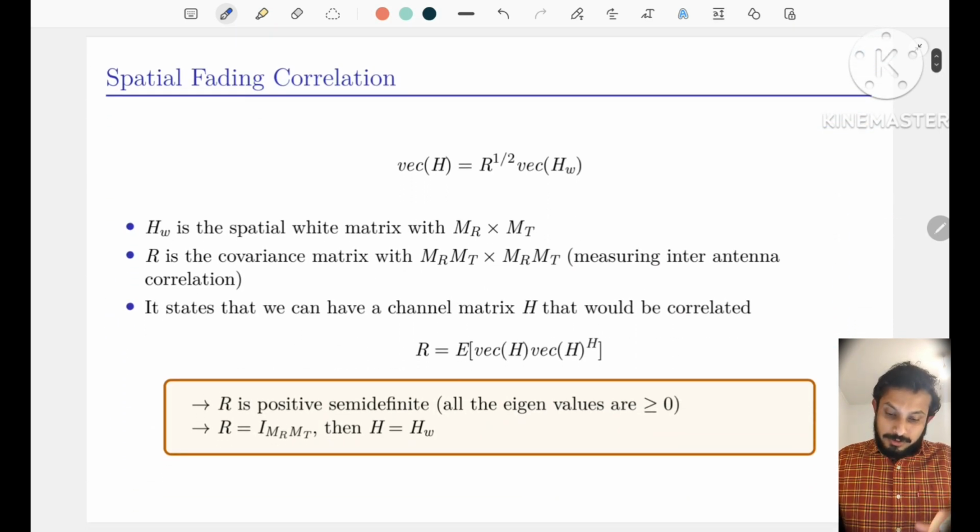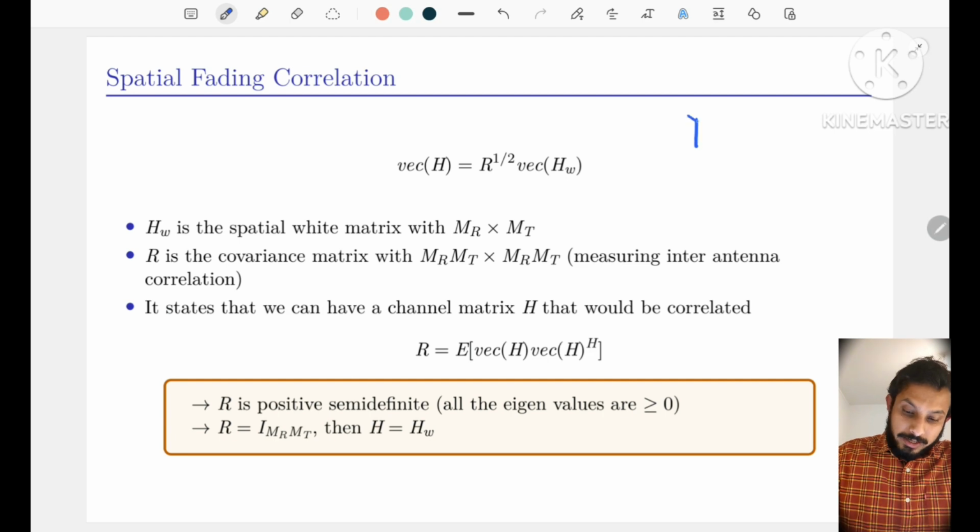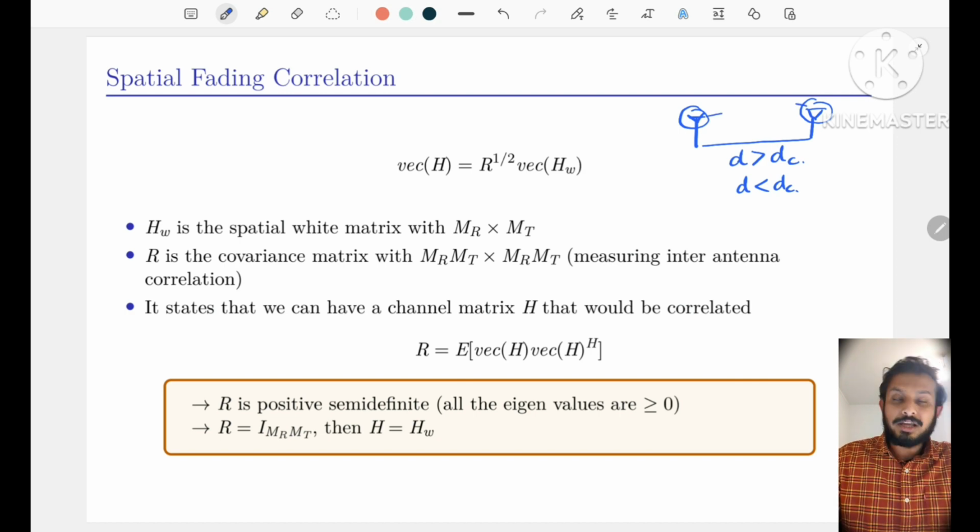Now we have also seen that if we have two antennas and the distance between the two antennas is greater than the coherence distance, then we say that these two antennas are uncorrelated. Whereas when the distance is less than the coherence distance, there is some correlation between the two antenna elements.